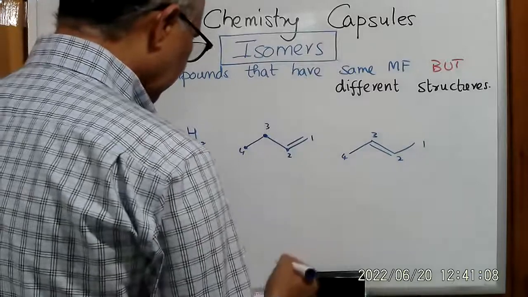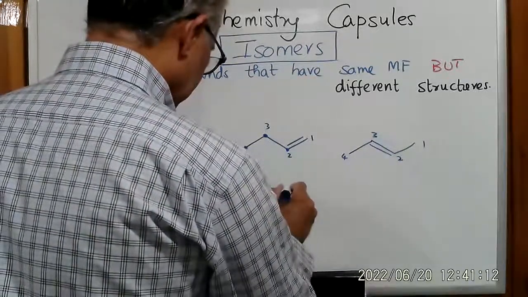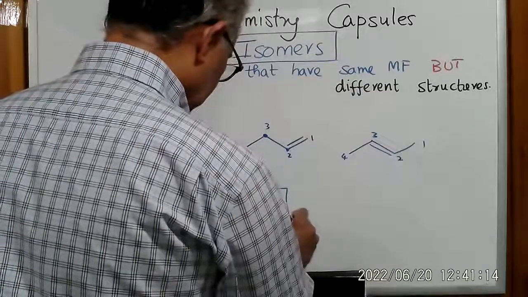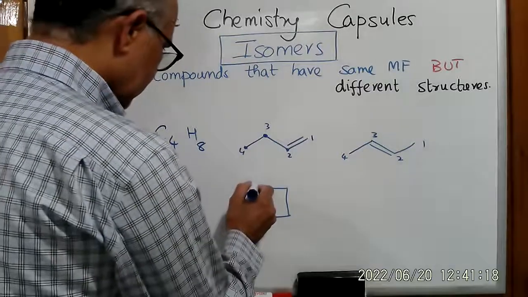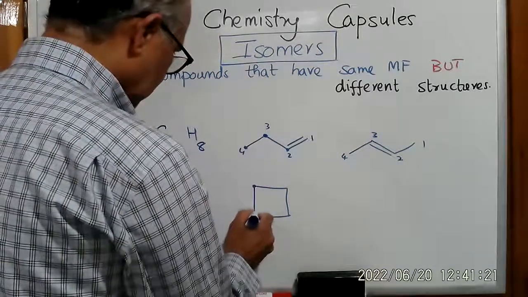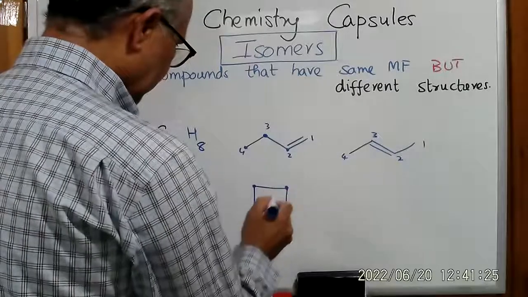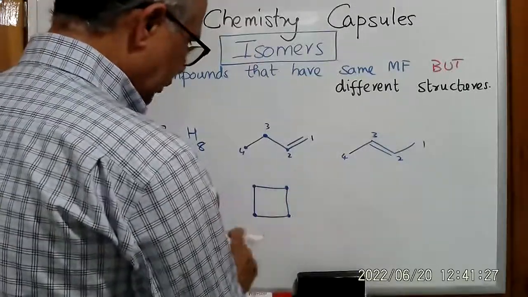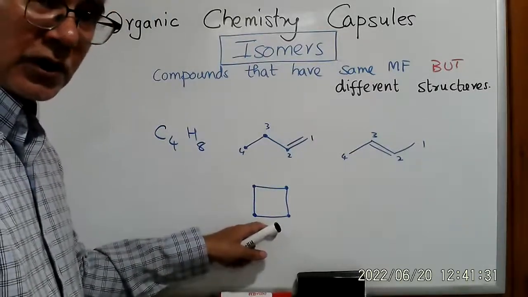One more compound, C4H8. What about this one? There are 4 carbons, and each carbon has 2 hydrogens. So this is also a constitutional isomer.